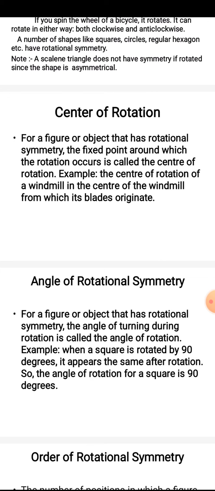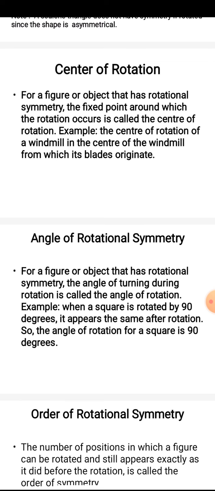Then again it looks like a square. After that, if you rotate 90 degrees again, it again looks like a square. So if you rotate 90 degrees 4 times, it looks exactly the same. So in one complete rotation of 360 degrees, 4 times it looks the same. Therefore, what is the angle of rotational symmetry? 90 degrees. It's very simple.